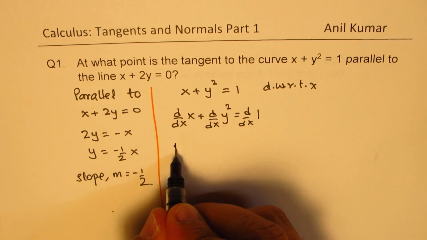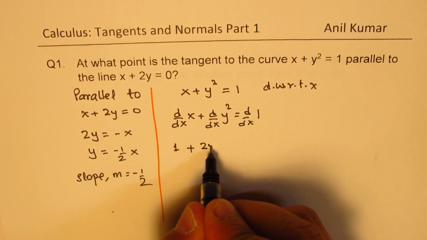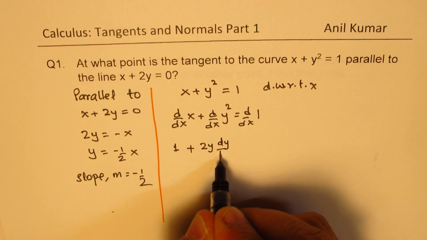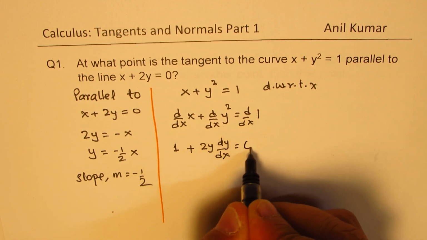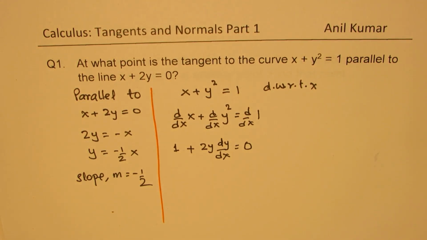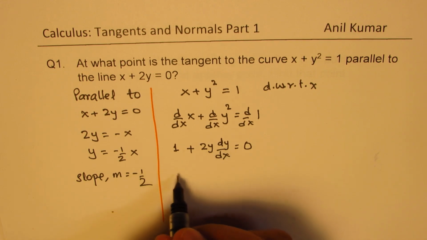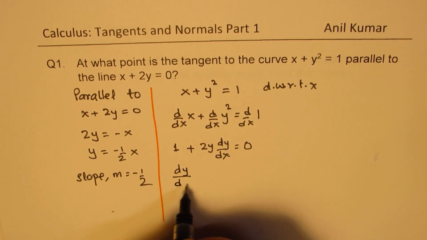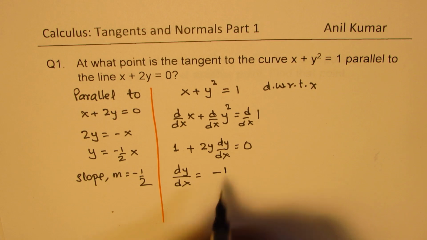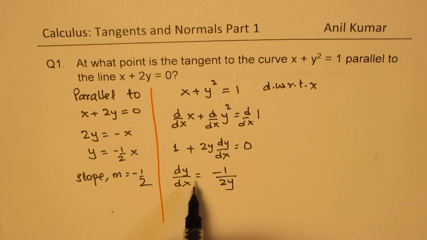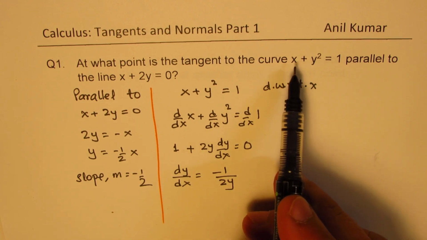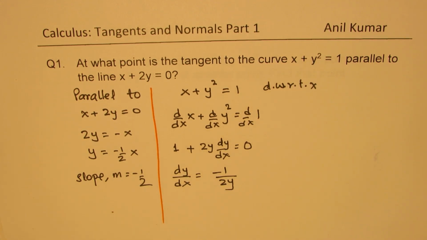That is 1 + 2y dy/dx = 0, derivative of a constant. So from here we can write dy/dx = -1/(2y), right? That is the derivative at any point on the given curve.